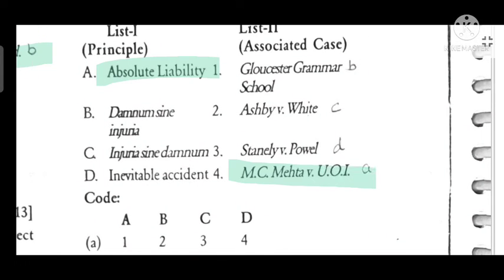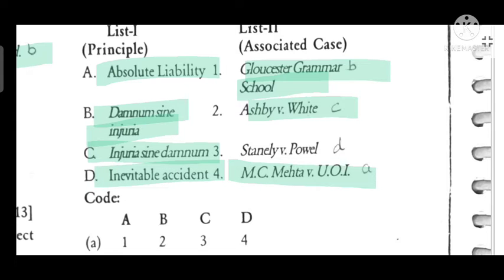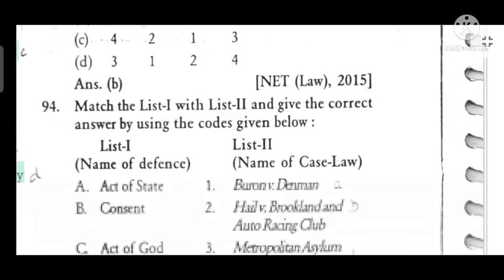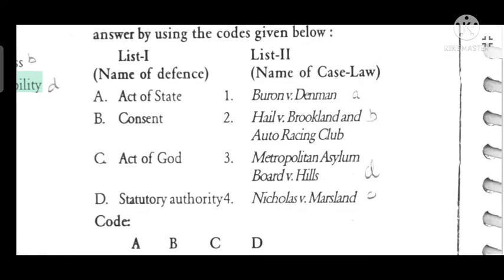Absolute liability. MC Mehta versus Union of India, damnum sine injuria. Gloucester Grammar School case, injuria sine damno, Ashby versus White. Inevitable accident, Stanley versus Powell. Act of God, Hall versus Brooklands Auto Racing Club, consent.